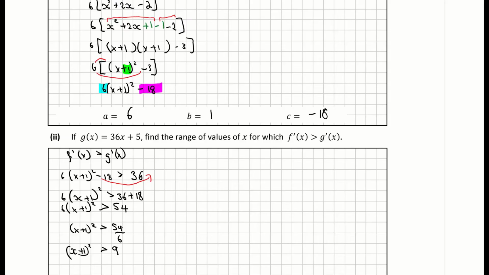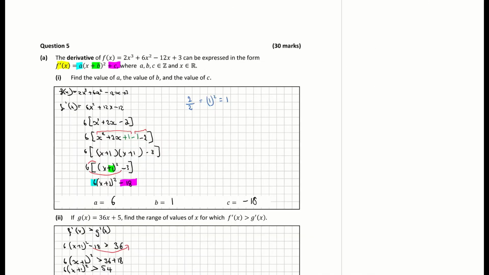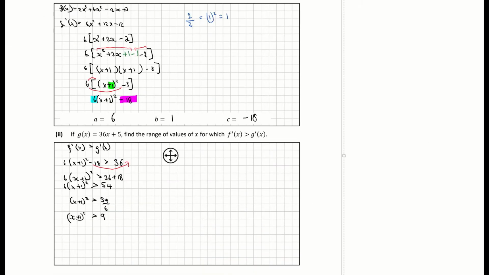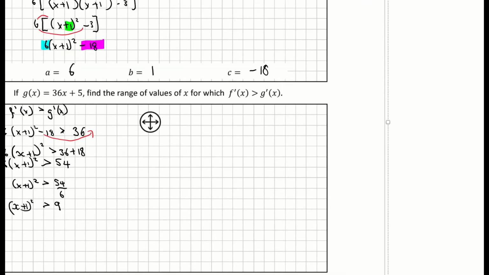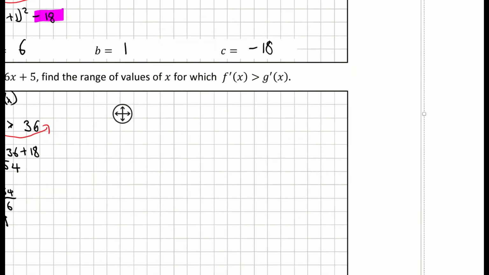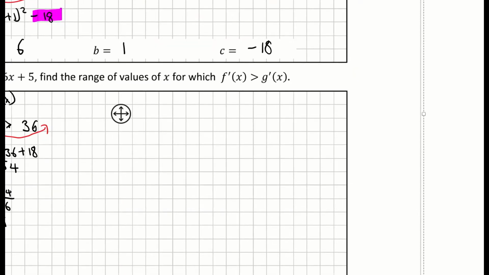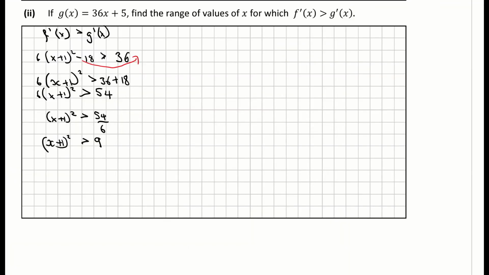Now I'm going to focus on how to get rid of a square. To get rid of that square, I need to take the square root. So that's going to give me the square root of x plus 1 all squared is greater than the square root of 9.